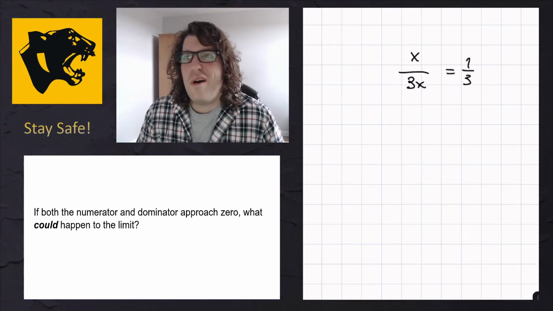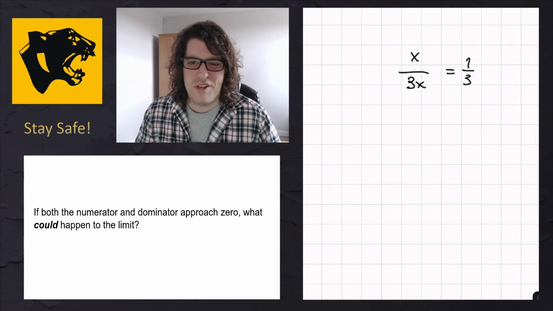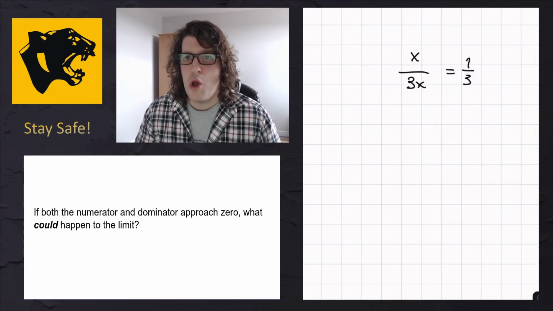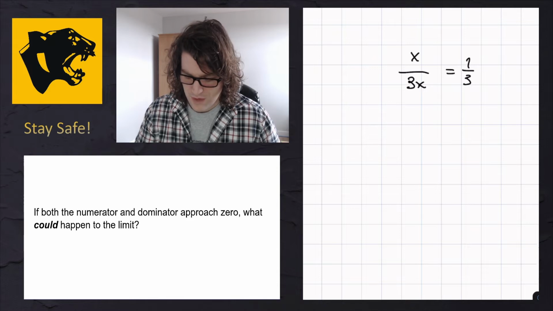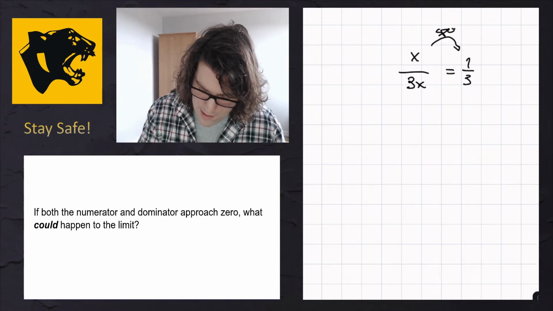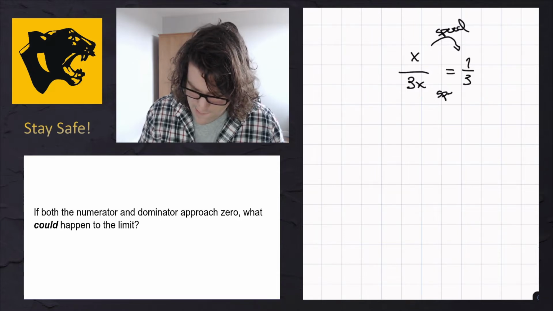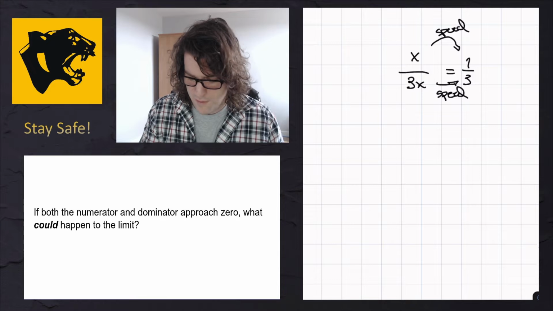What does that tell us about those values? Well, we just know that they're really small, but the 1/3 ratio comes about from the speed of growth of the top and the speed of growth of the bottom.